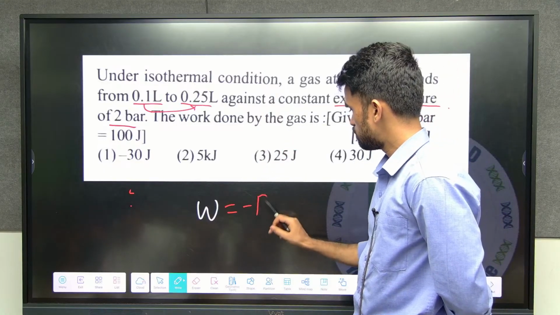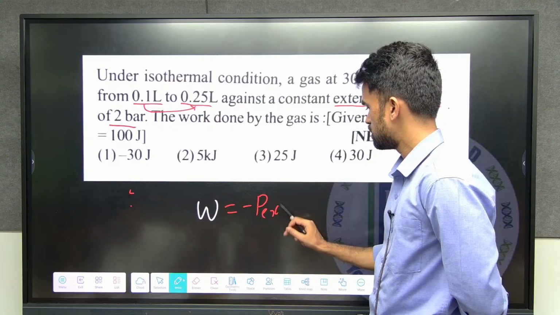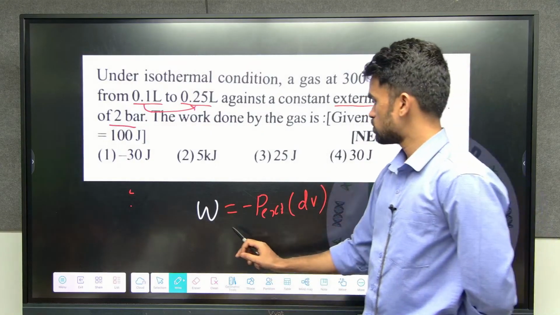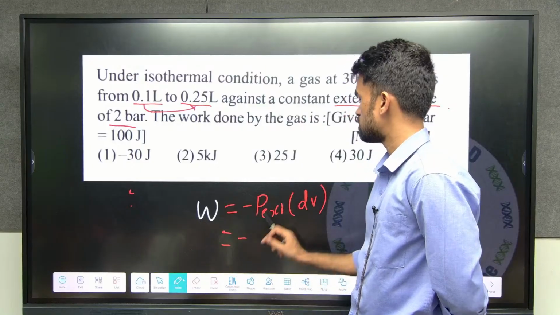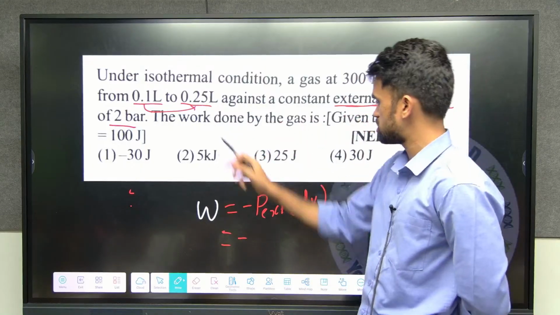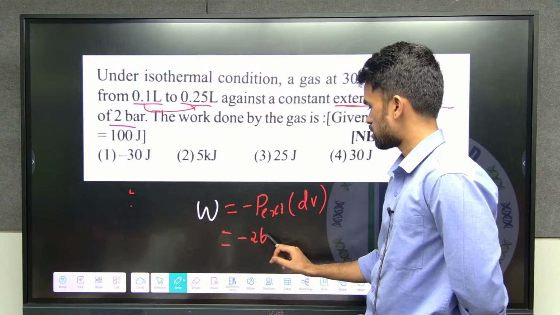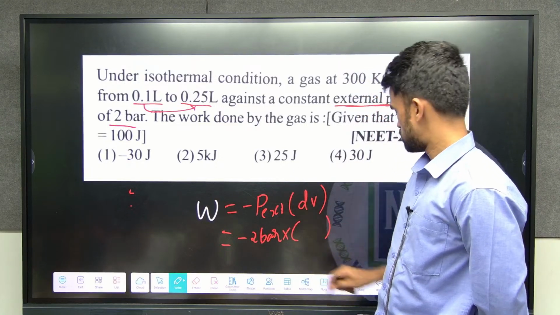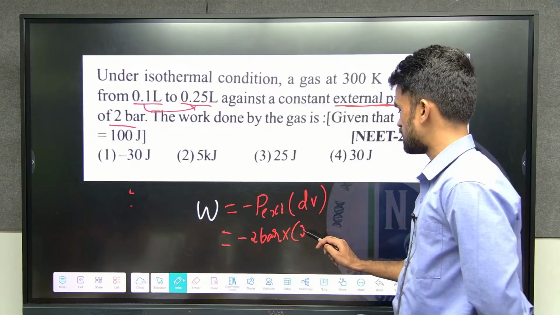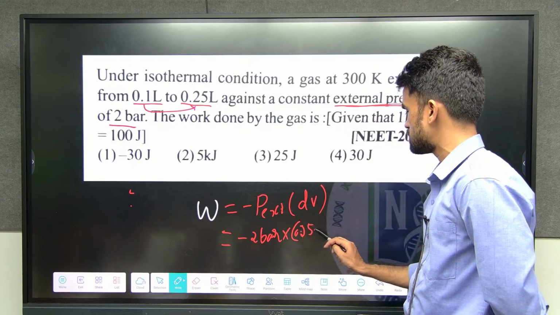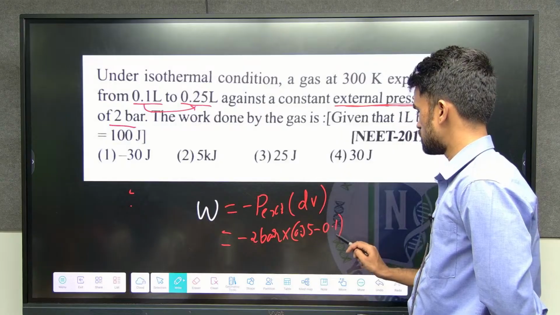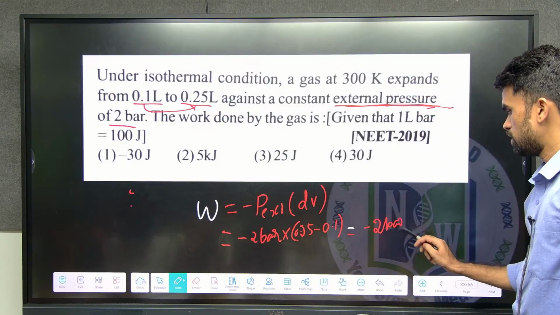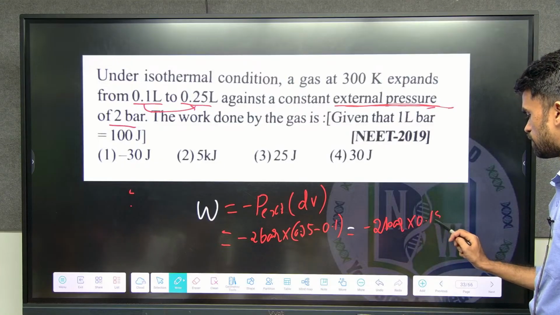Minus P external dV, change in volume. They have given external pressure as 2 bar. Now what about volume change? Final 0.25 minus 0.1. Minus 2 bar into 0.15 liter.